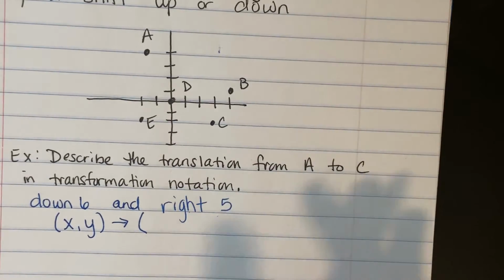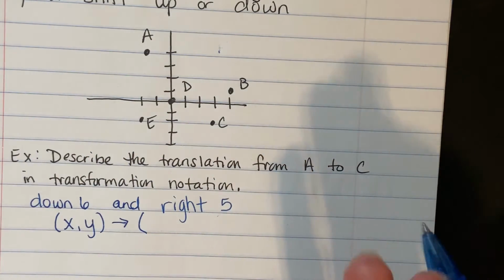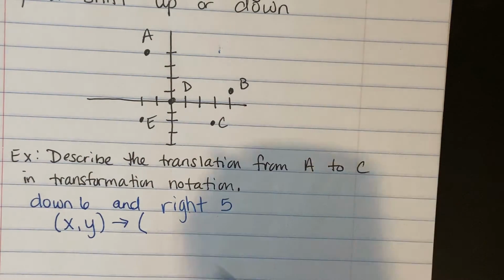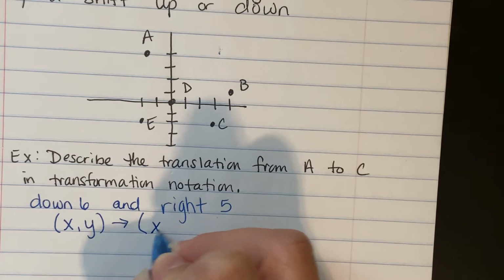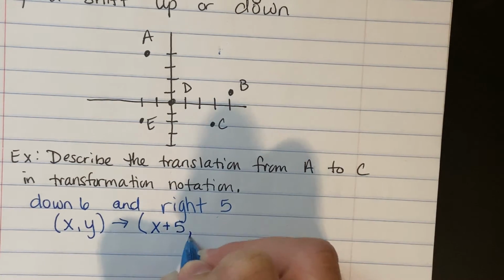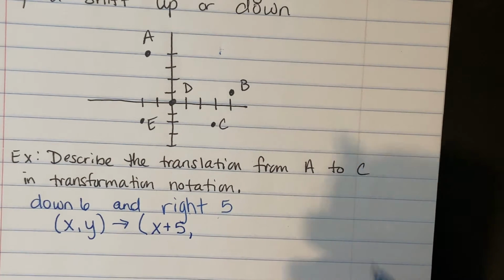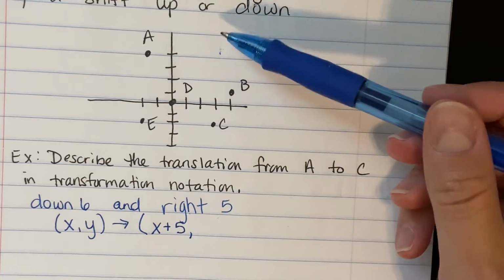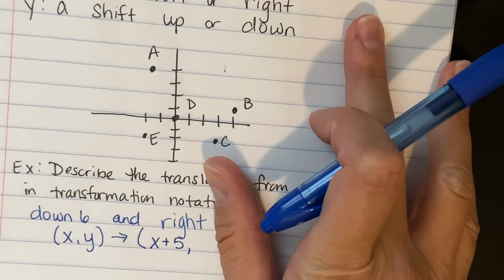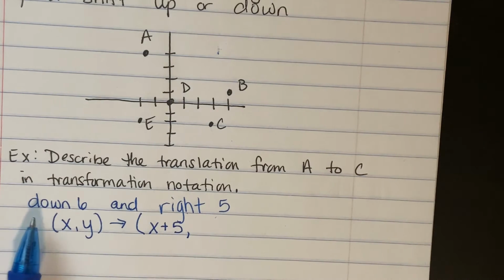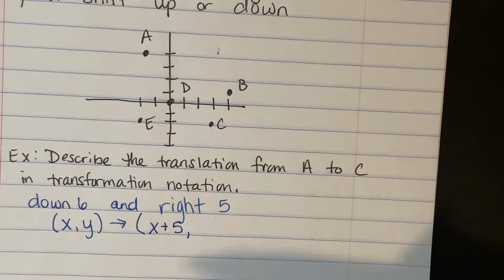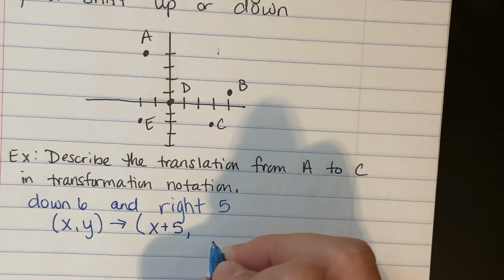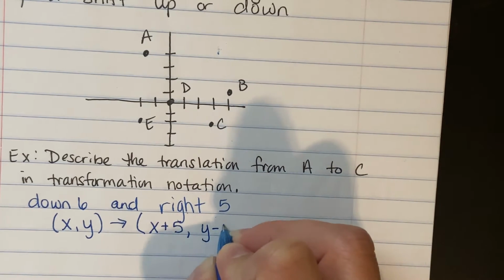Going right means going forward, like how you read a book, so it's increasing. So we're going to write X plus 5, comma, and then Y is a shift up or down. We wrote that up there earlier, right? It says we went down 6. Is down increasing or decreasing? It's decreasing. So we're going to write Y minus 6.